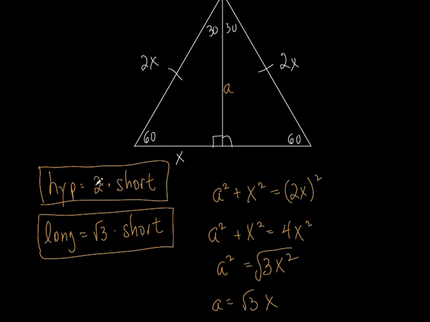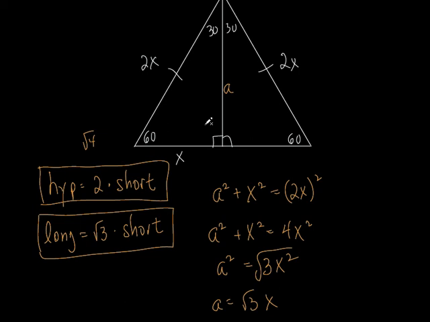That's pretty interesting. Now here's how I remember it. 2 is the same thing as the square root of 4, isn't it? So look, the hypotenuse, listen please, the hypotenuse is twice as big as the short side or the short leg. The long side is just a little bit shorter than the hypotenuse. Well, what's just a little bit smaller than the square root of 4? What would you think?